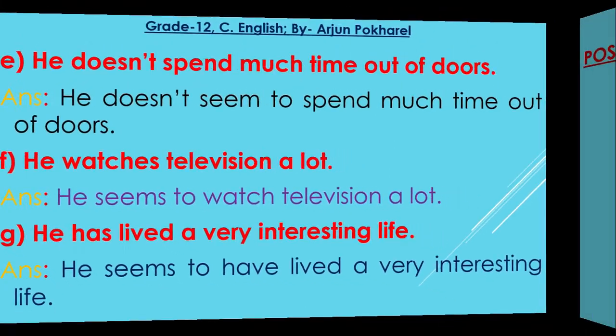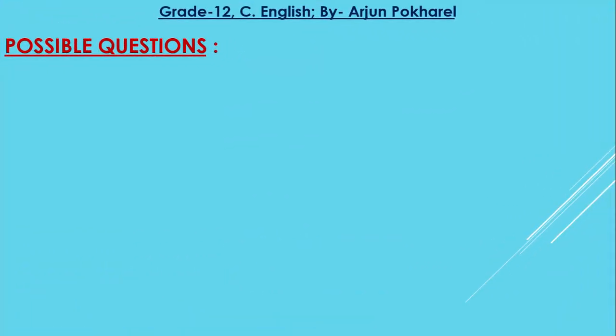Okay, question given. And let's say there are some possible questions, that is, extra questions. The questions out of the book will also be asked here in Unit 2.3 for Shame.